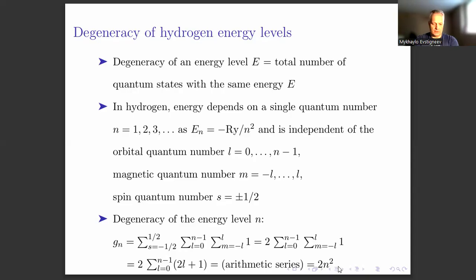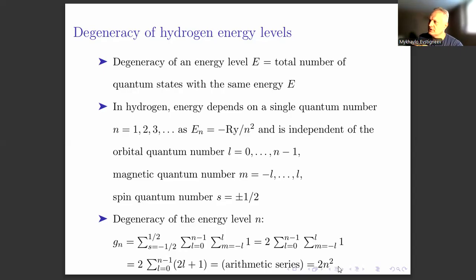All right, so how to understand, for example, the degeneracy 8 of the first excited state, n equals 2. Well, 8 is 2 times 4. 2 comes from spin. 4 comes from the orbital motion.